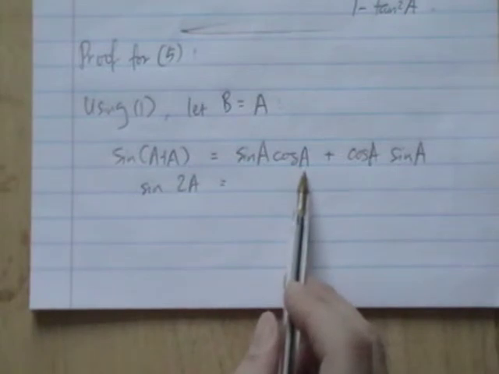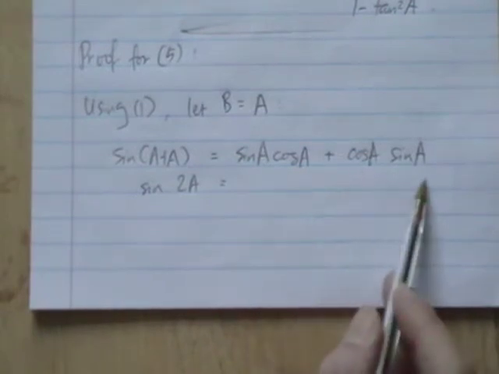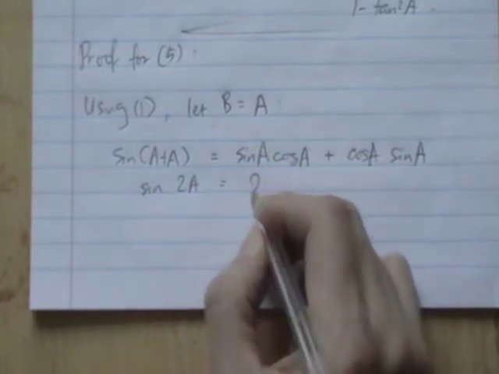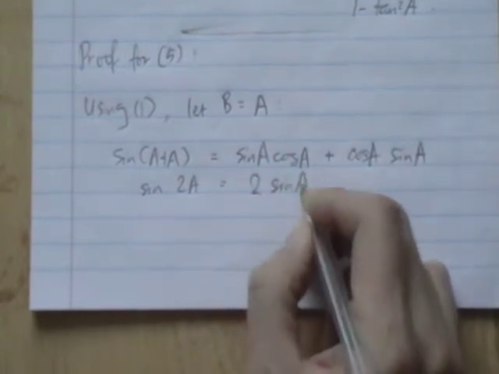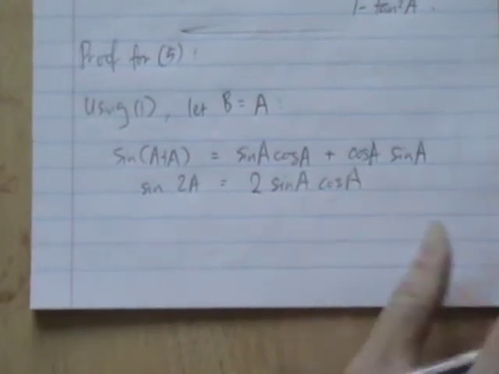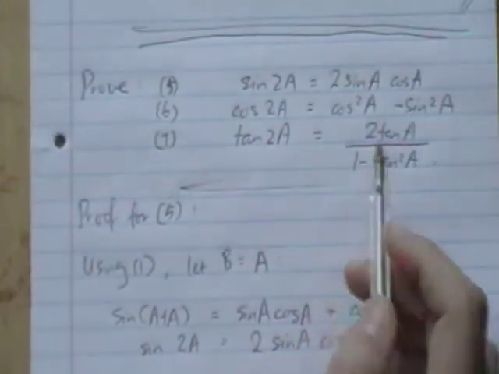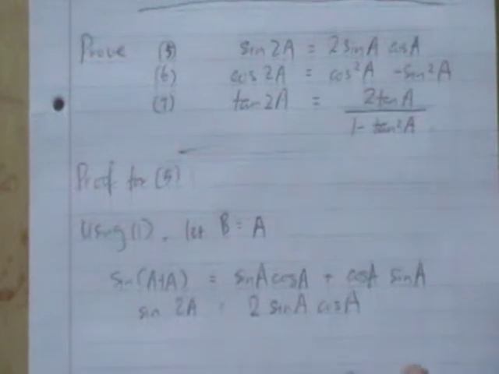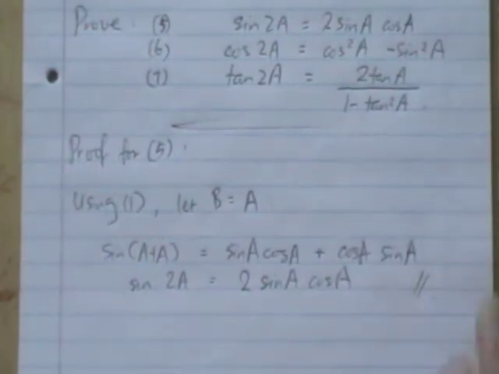Sine a cosine a, cosine a sine a, so those two are the same. So therefore I have 2 sine a cosine a, which is exactly what I want to prove. So this completes the proof for this fifth identity.